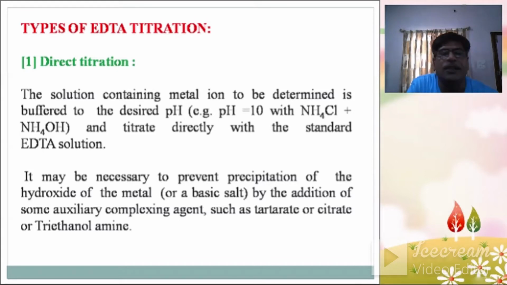The solution containing the metal ion to be determined is buffered to the desired pH, for example pH 10 with ammonium chloride and ammonium hydroxide, which are buffer solutions, and directly titrated with standard EDTA solution.